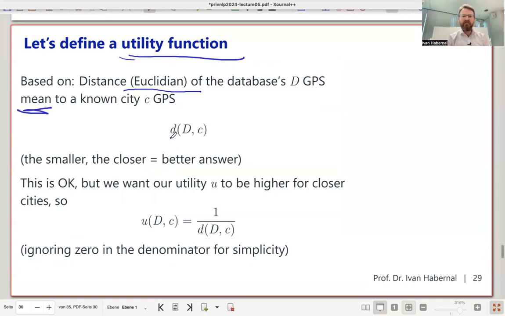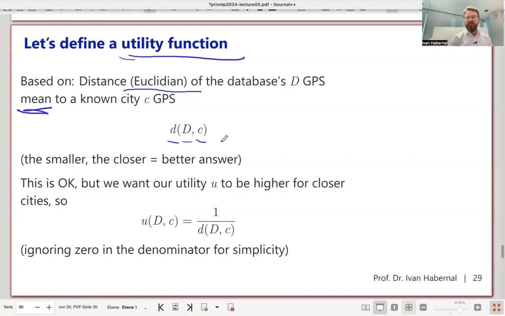We're going to call it just D because it's distance, taking the database and a city, which is one of those 6 or 7. Of course, the smaller this distance, the closer, so the answer would be better. Of course, we want some utility. We really want to meet somewhere in the middle. You could say everybody meet in La Habana, but then everybody has to spend a lot of money flying there. So it's better to meet in the middle. Actually, this example makes sense. When I'm thinking about it, why not?